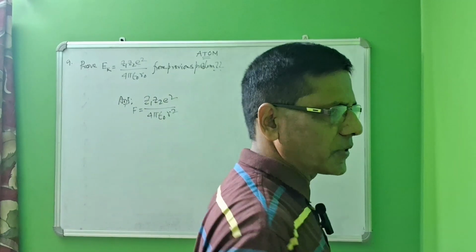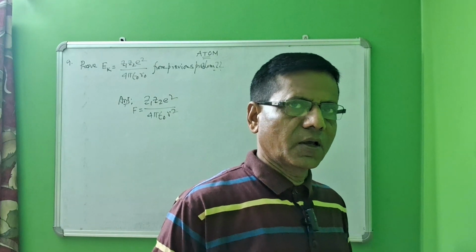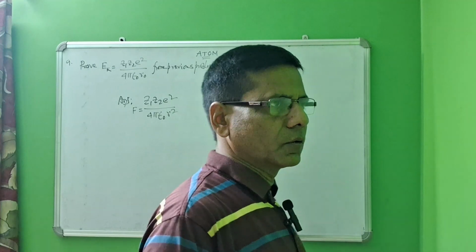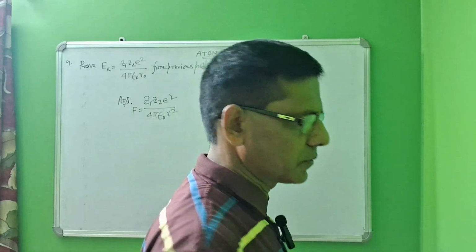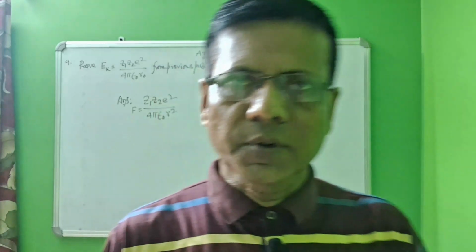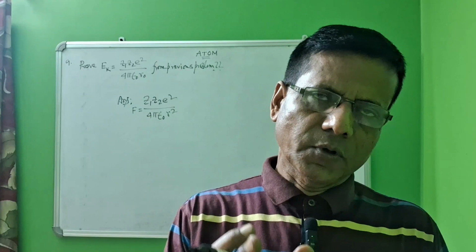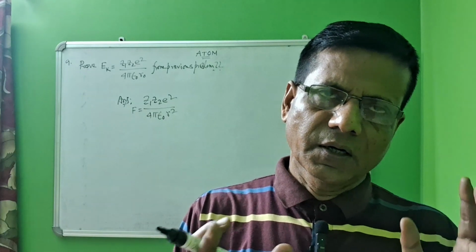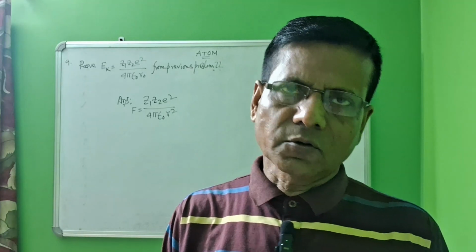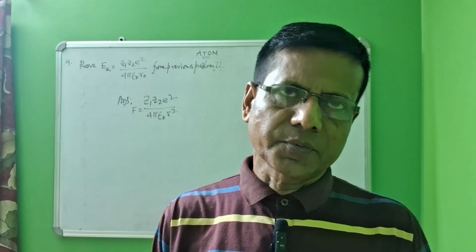It was said in the previous problem that from infinity, in the opposite direction, if the force is calculated, then from infinity to the closest point, R0, we will get the kinetic energy. How will we get it? If we apply a force opposite to the repulsion force, bringing the particle from infinity to that R0 point, then the work that has to be done is the measure of that kinetic energy.